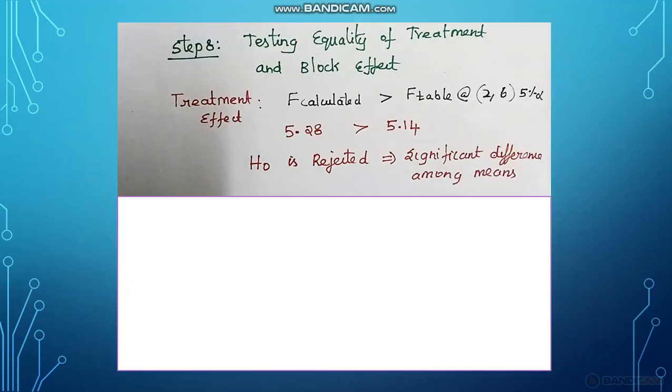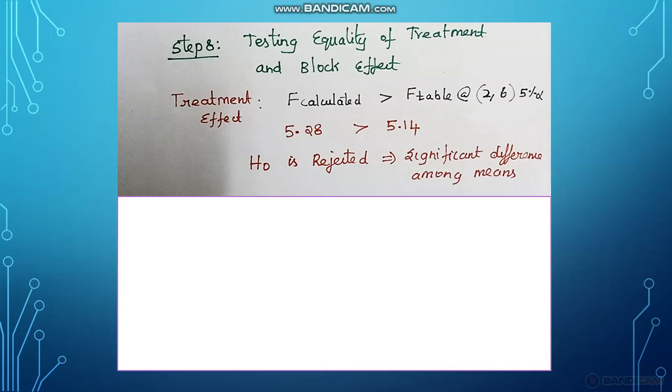And then you want to compare, to test the equality of treatment and block effect. If the F calculated value is greater than the F table value, and the table value you look up at 2,6 degrees of freedom, where 2 means treatment degree of freedom and 6 means error degree of freedom, then for treatment it is significant.